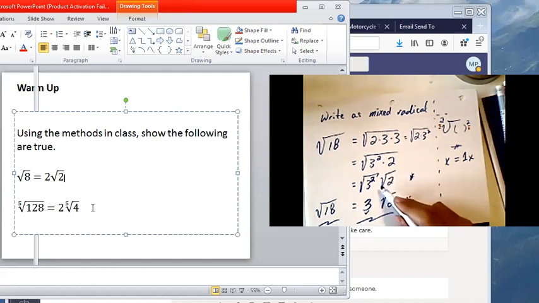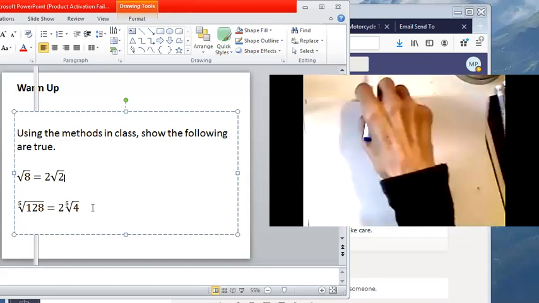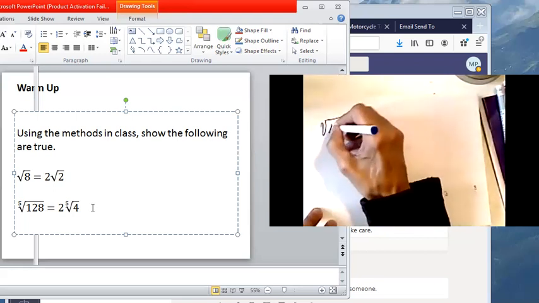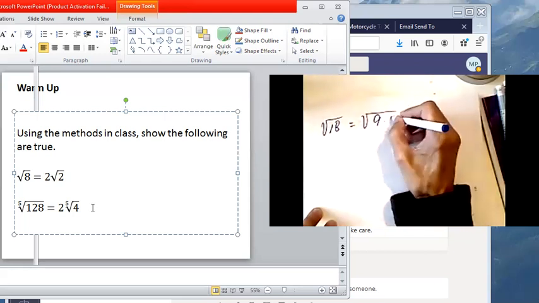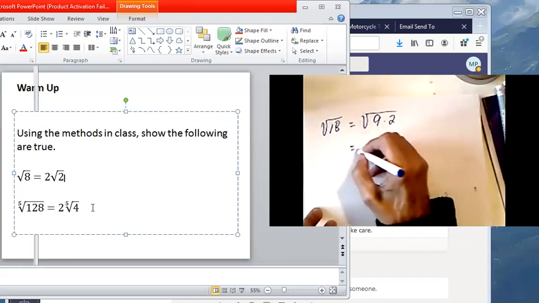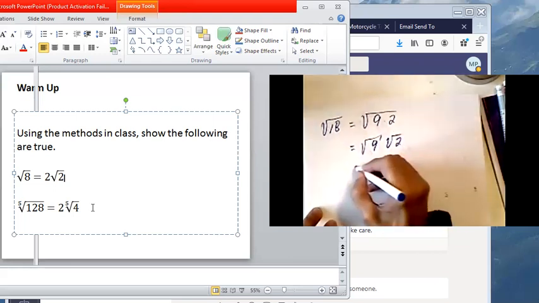Oh, watch. I'm going to switch this over, and that's another way to do this question. Yes, you could have done it like this. Look at this. 18 is the same as 9 times 2. Split it up. What's the square root of 9?